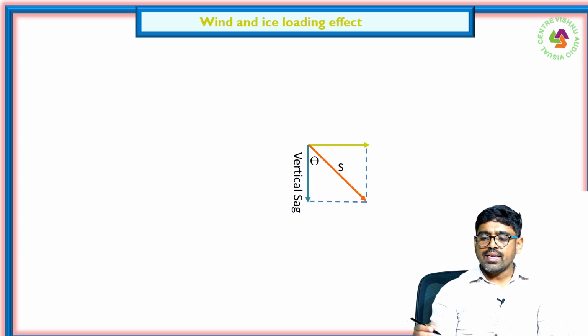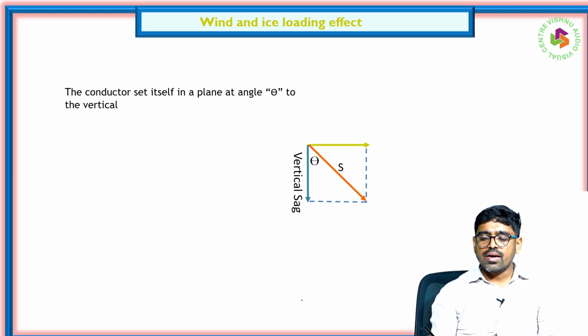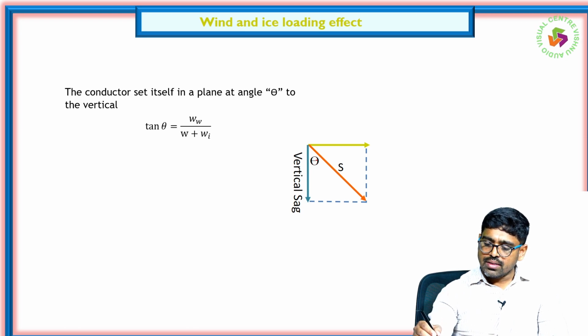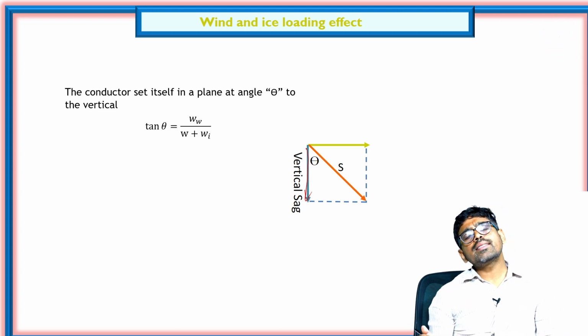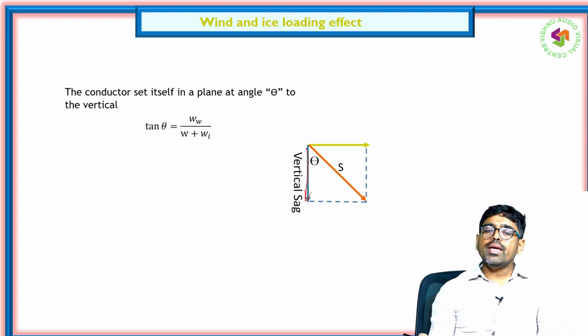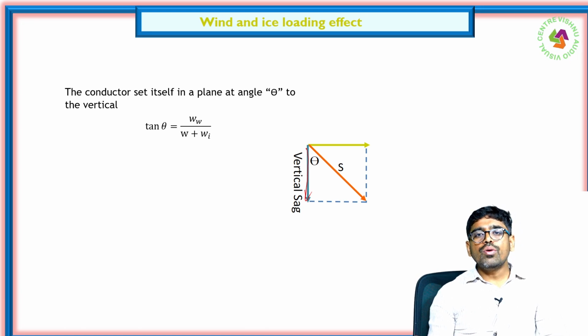Then the wind and ice loading effect: if you consider the conductor set itself at an angle of theta, the vertical sag, how much it is there. Previously we calculated the sag as WL square by 8T, and in that relation we did not consider any ice and wind loading effect. Whenever ice and wind loading effect is there, we need to calculate the vertical sag.